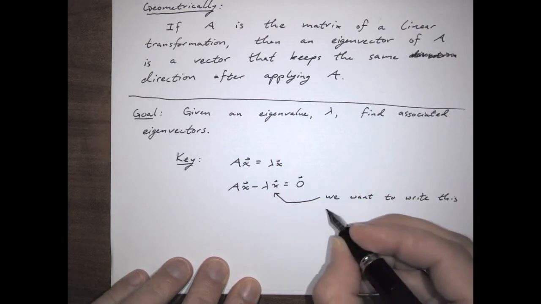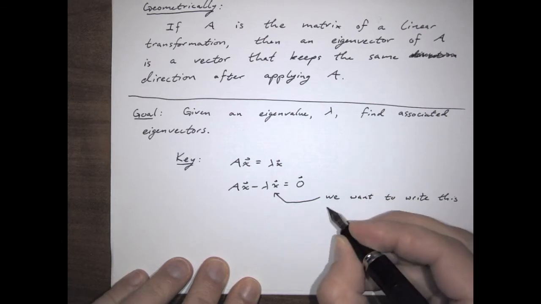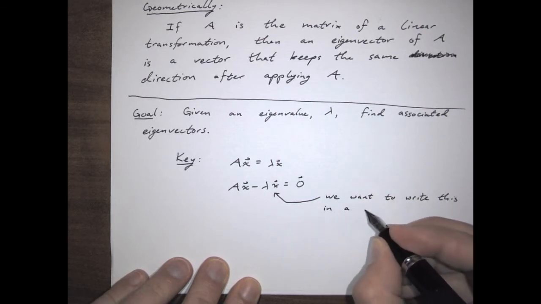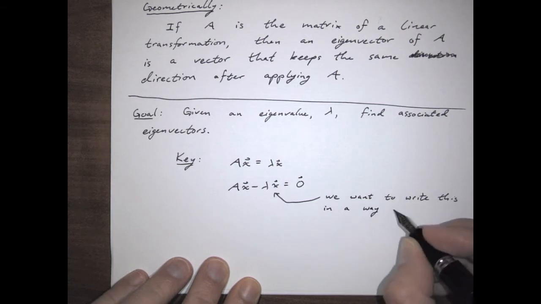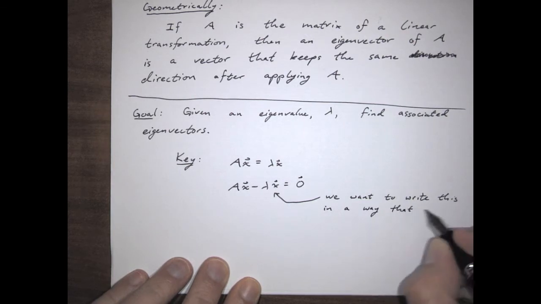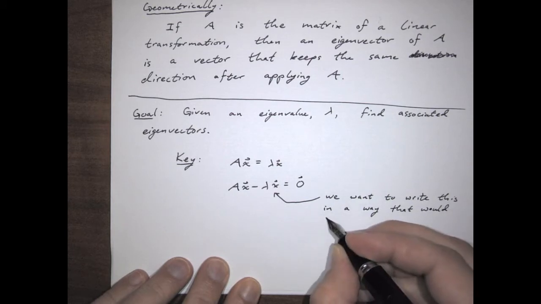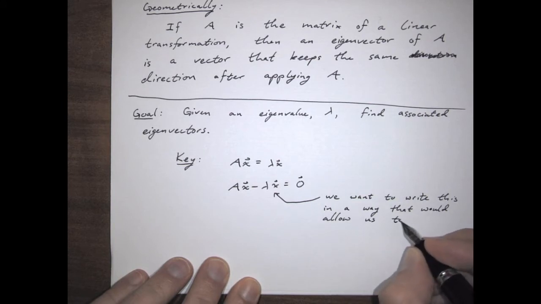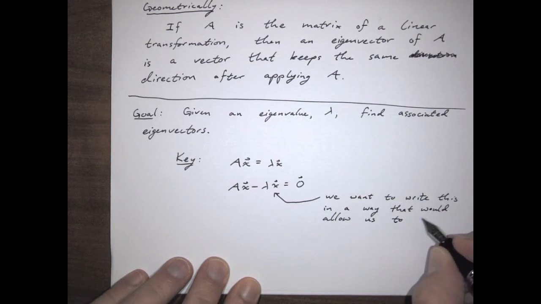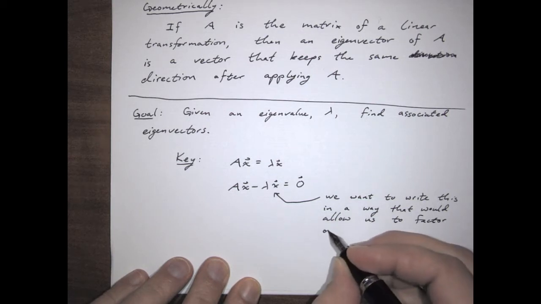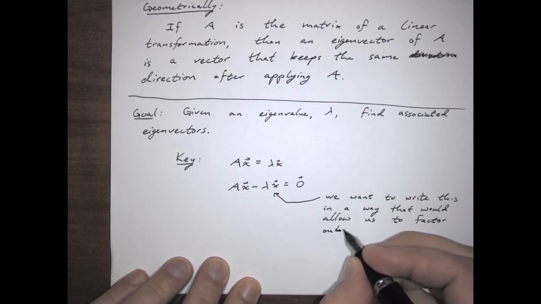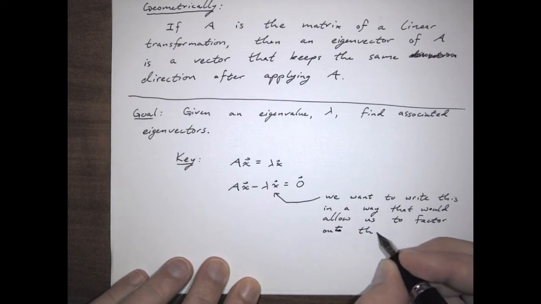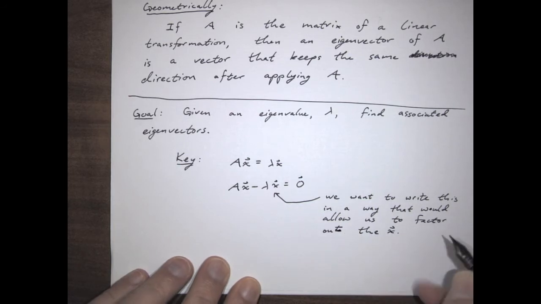So we want to write this in a way compatible with A, that would allow us to factor out the x vector.